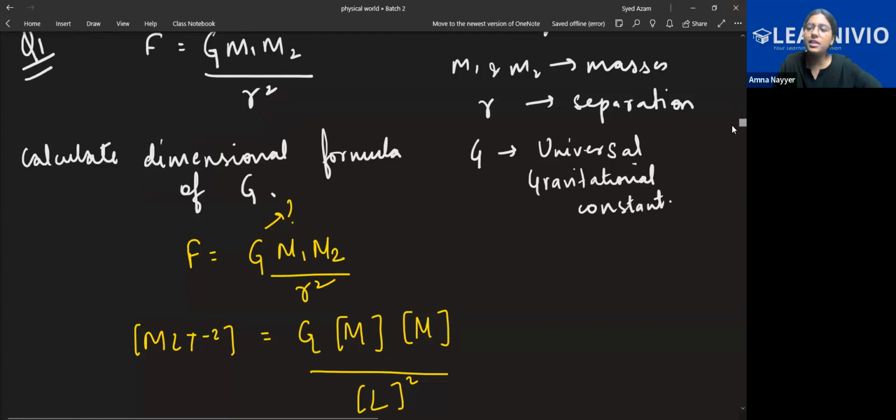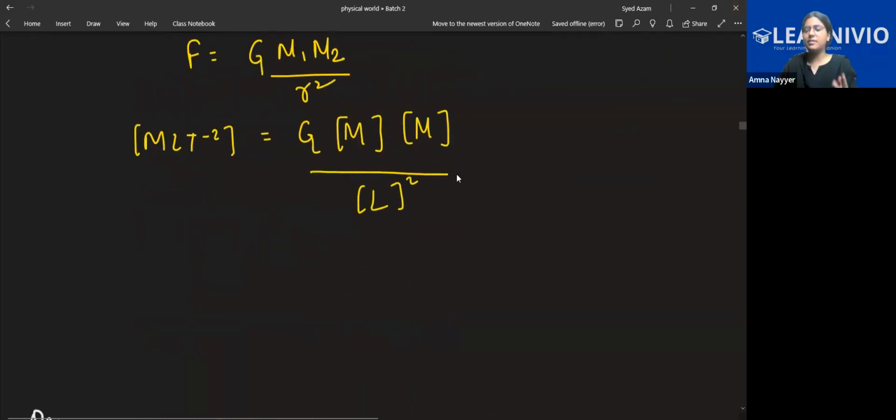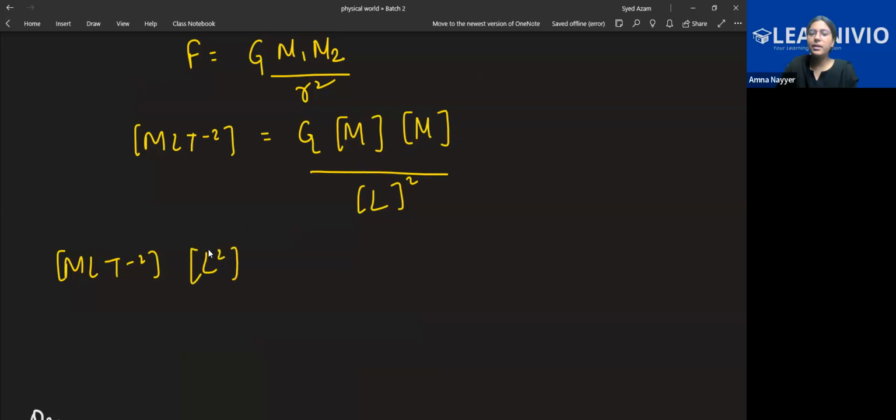Now see, you just have to take it like your equation, simple like an equation. If I give you X, how do you solve? Like that we have to find out. Now see, this is M L T to the power minus 2 here. This L square will be multiplied here. And these two masses, they will be divided. That's how we have to find out G, right?